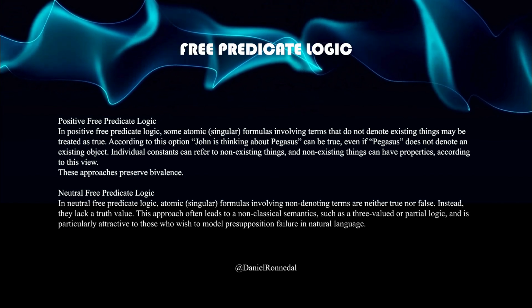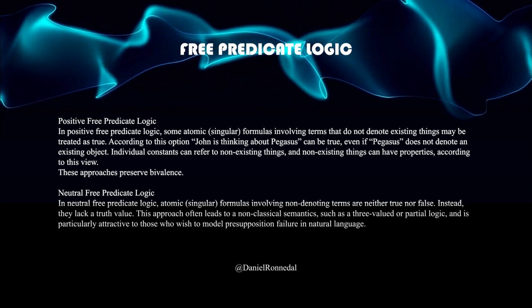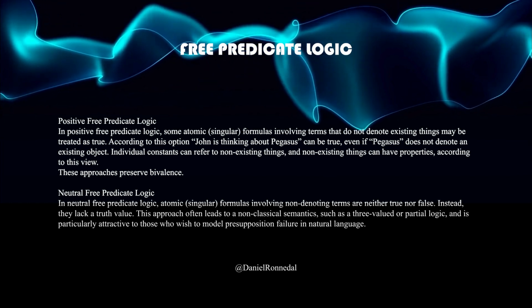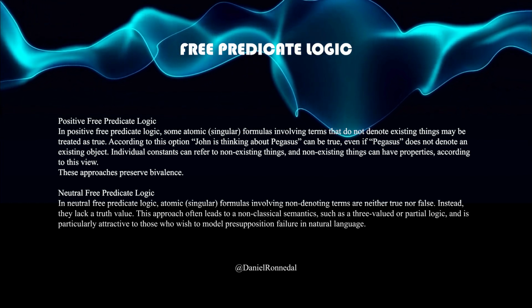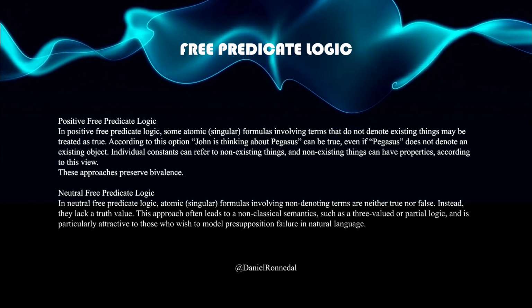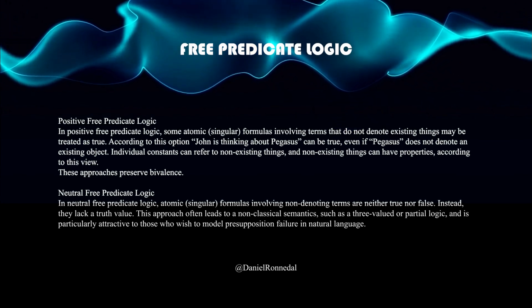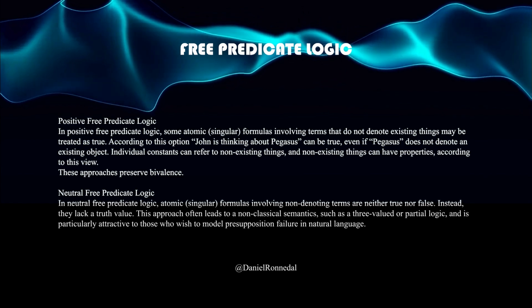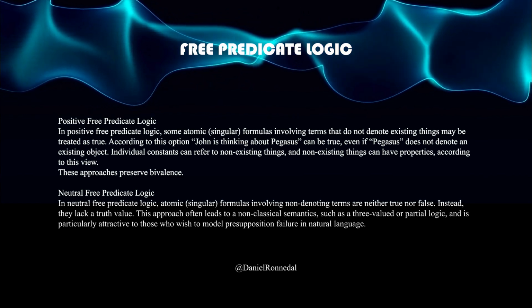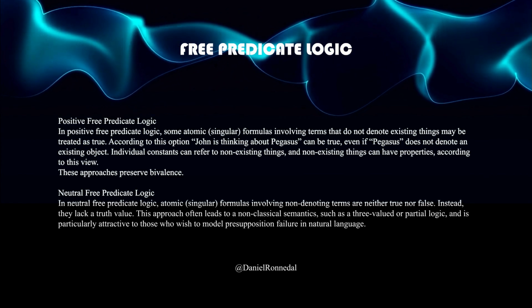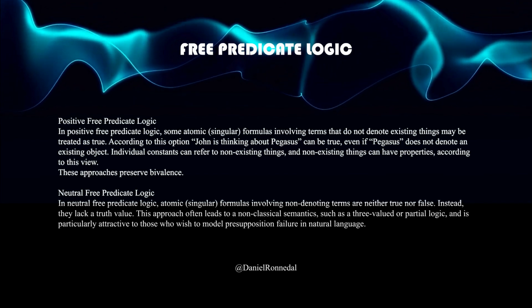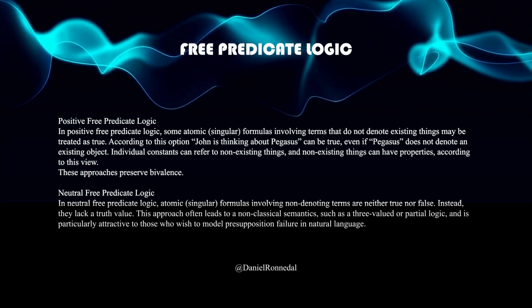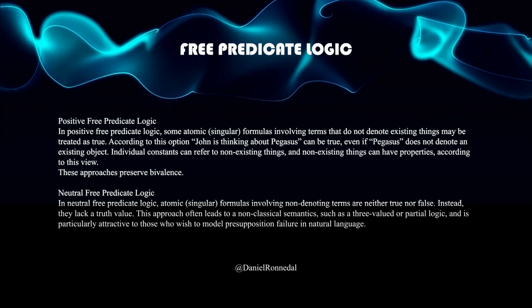These approaches preserve bivalence. In neutral free predicate logic, atomic formulas involving non-denoting terms are neither true nor false. Instead, they lack a truth value. This approach often leads to a non-classical semantics, such as a three-valued or partial logic, and is particularly attractive to those who wish to model presupposition failure in natural language.